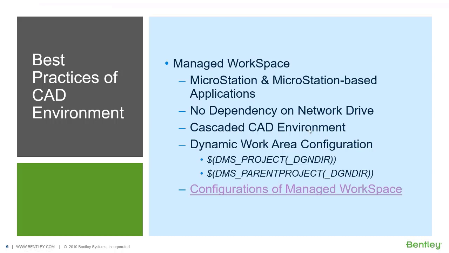A lot of users ask the same question: can I set up a dynamic work area configuration? Really what it means is I do not want to hard code any path for the CAD environment, so can I build it up dynamically? The answer is yes. By using two variables within your Managed Workspace configurations, starting with DMS project underscore DGN directory, depending on which document or files you're working on, it will find the parent project location.